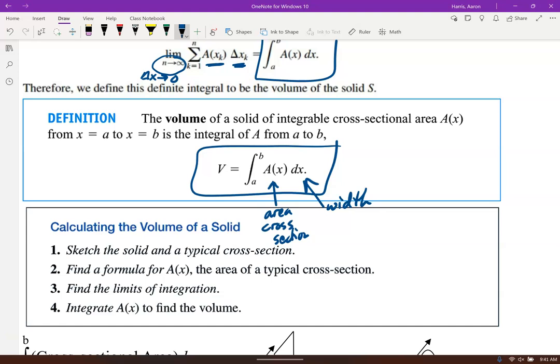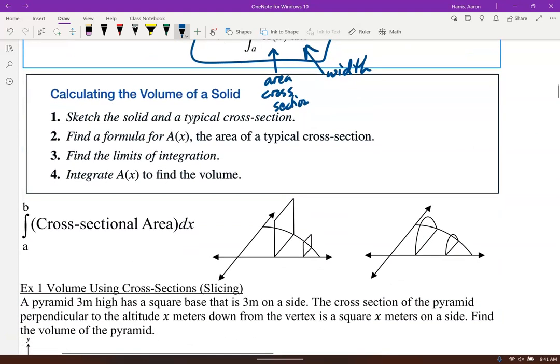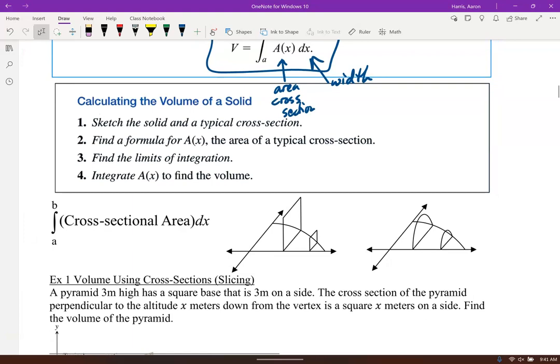Let's go ahead and practice some of these, and here are a few pictures as well. You can see in this first one, if our cross sections were squares and you were drawing all these, they kind of increase in height. I can't draw well, but I'm going to try here.